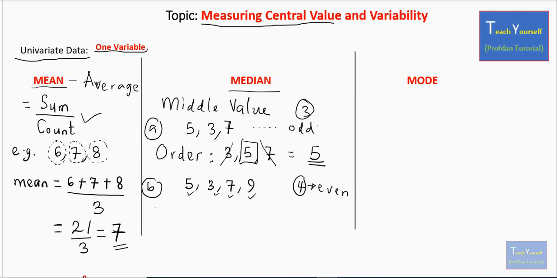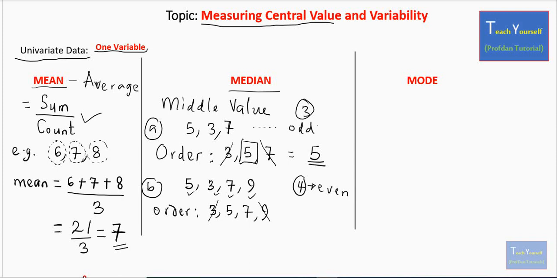But the very first thing, don't forget, when you are dealing with median, you have to order the data set. So we have a student that scored 3, that's the lowest, followed by 5, then 7, then 9. Let's start from the left side and the right side.